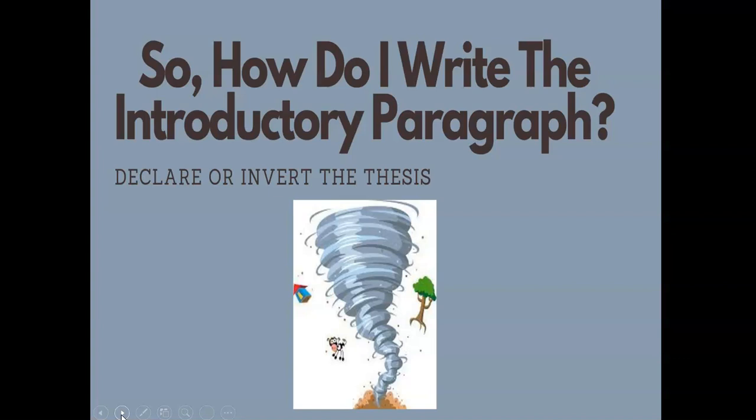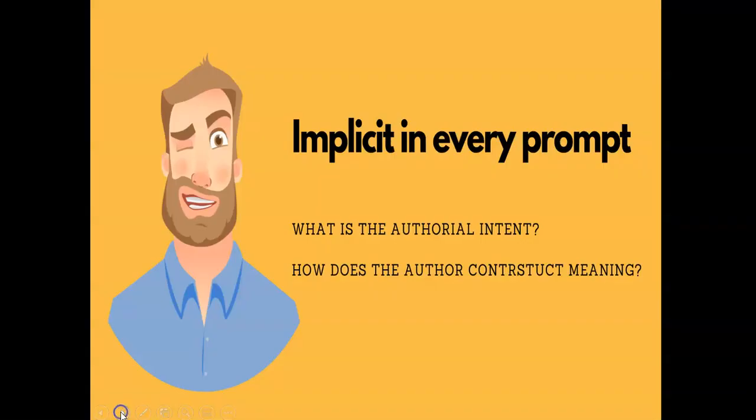For argument, persuasion, and synthesis, it's a 50-50 coin flip. I have a ton of videos to demonstrate that. It's all contingent upon the phrasing of the prompt, how a student will navigate their thesis in terms of declaring or inverting. But for today, we're going to declare because we're doing rhetorical analysis, which is really nice. You have one uniform approach, and it works like gold every single time.